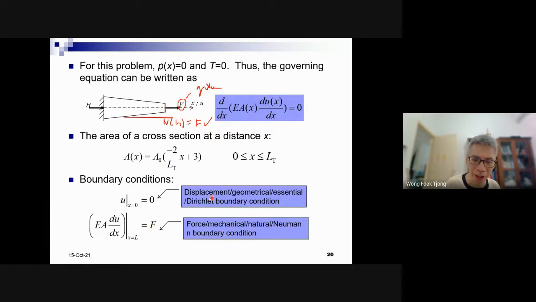Also a German mathematician. So these are the complete governing equations: the differential equation plus boundary conditions. We need two boundary conditions because this is a second order differential equation.